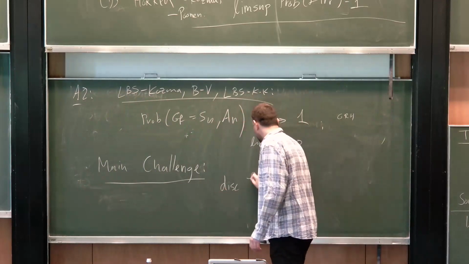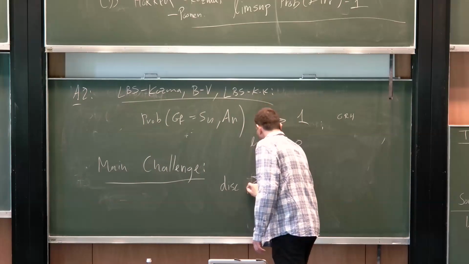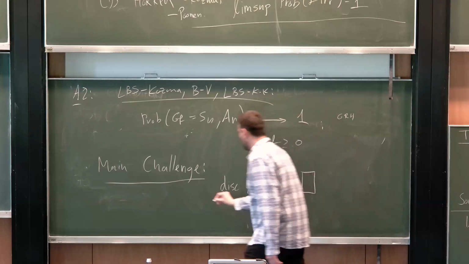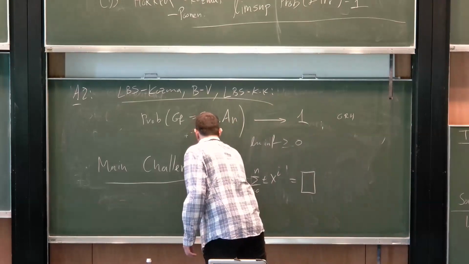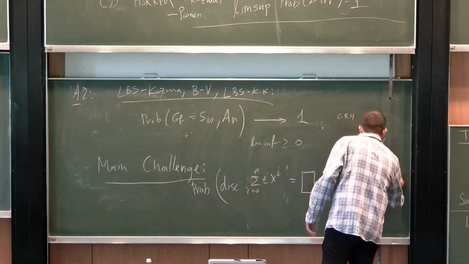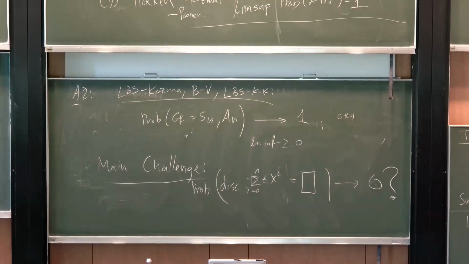I take the discriminant of the sum of plus minus x^i, and I ask what is the probability that it's a square, and show that this goes to 0. I'm very baffled that we cannot solve this, because the discriminant looks really like a random element modulo some kind of symmetry.